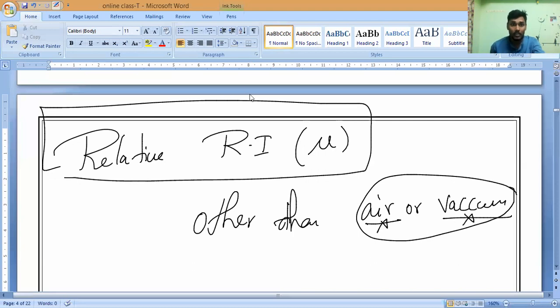That is only called relative refractive index. Do you understand, everybody?